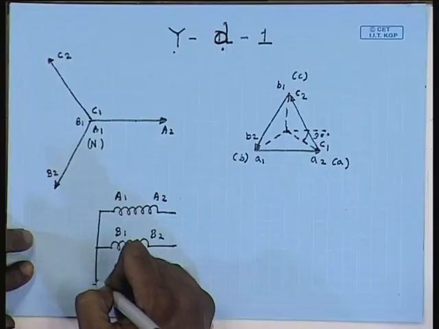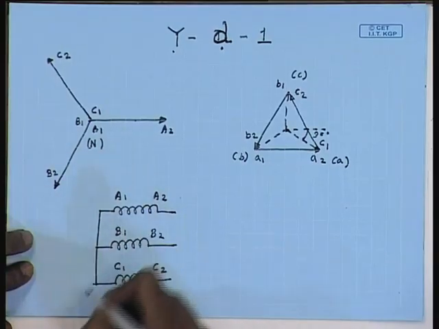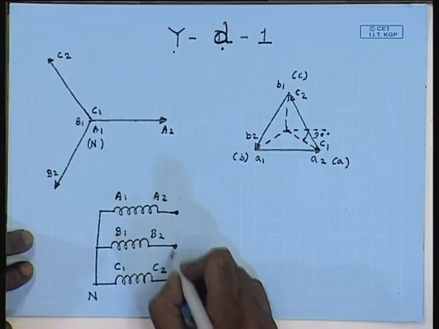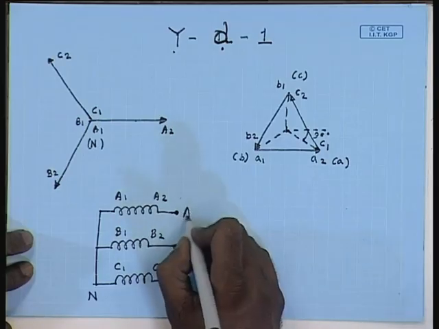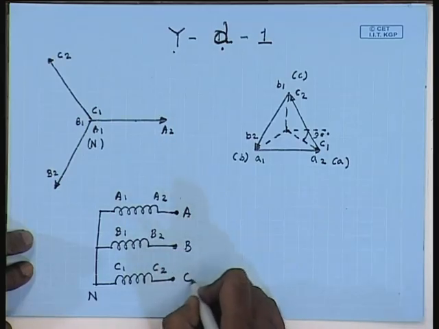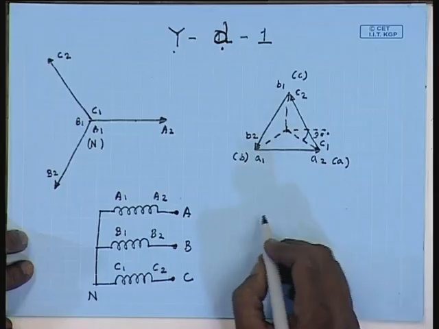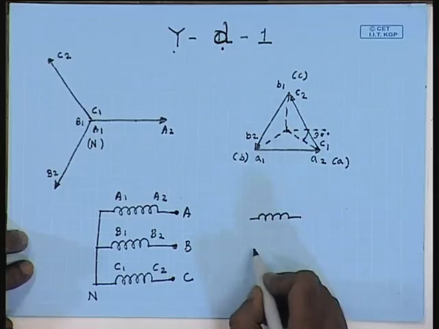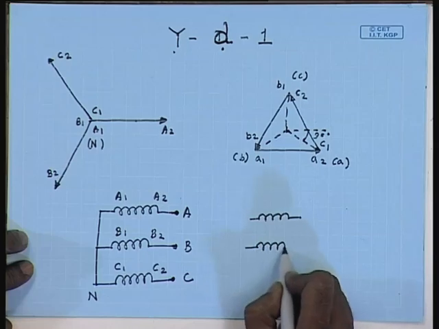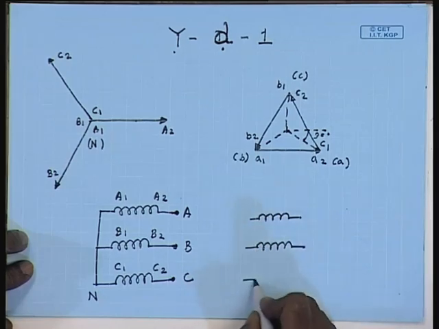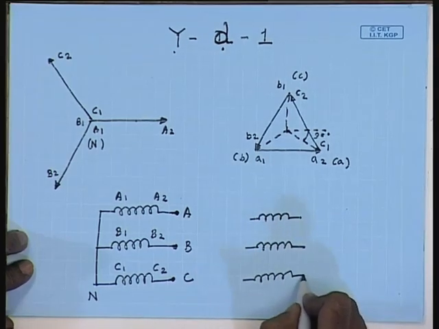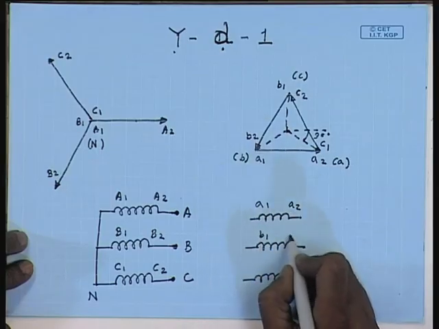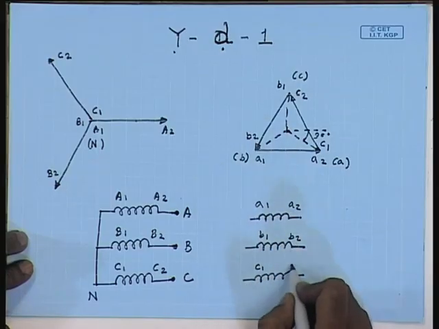The neutral point is formed by connecting A1, B1, C1. Supplies are given to the terminals A2, B2, C2. On the low voltage side, you have again three windings A1, A2, B1, B2, C1, C2.